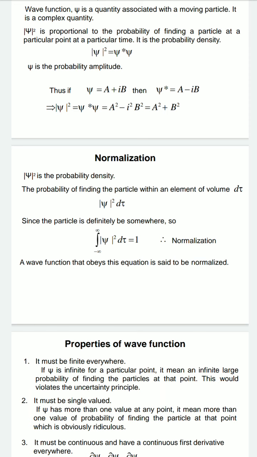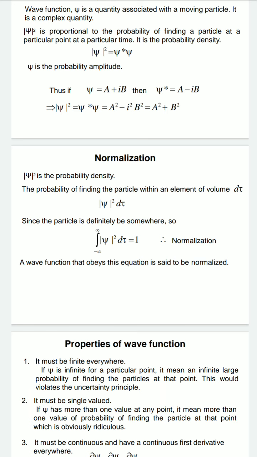So if you take the integration over minus infinity to plus infinity of the probability density, it should always be 1. That means if the integration of psi modulus square over the whole universe is 1, that wave function is normalized, psi is normalized. That means that particle is there somewhere.